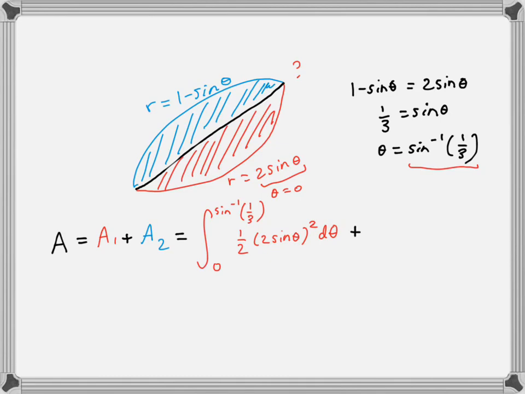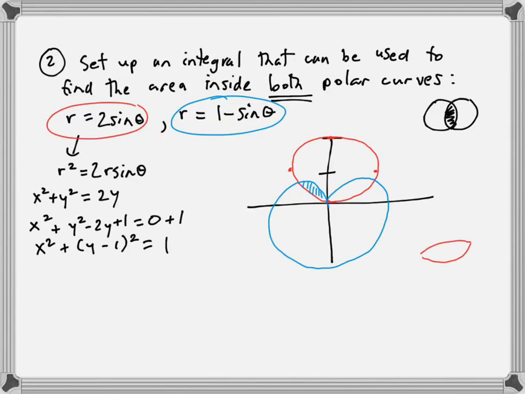Now, what about the blue shaded area? Well, coming back to our picture, we need to figure out what the blue theta equals in order for it to hit the origin, right? For the blue part, this value right here is when theta is equal to pi over 2. And you could check that, right? If you put in pi over 2 there, you actually end up getting an r of 0.